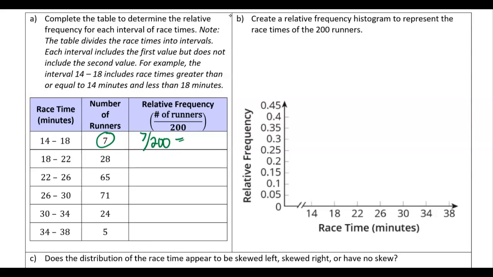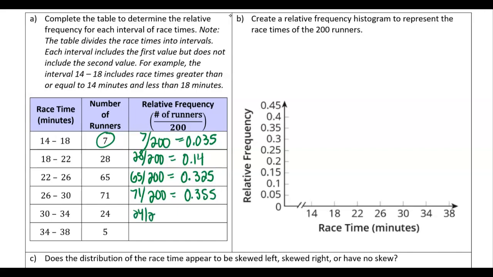So we've got 0.035. 28 out of 200, we've got 0.14. 65 out of 200, we got 0.325. 71 out of 200 gets a 0.355, 24 out of 200 gets a 0.12, and 5 out of 200 gets a 0.025.